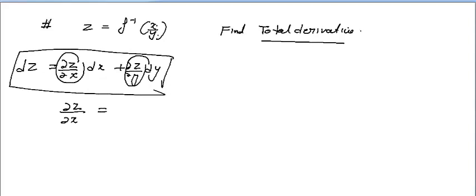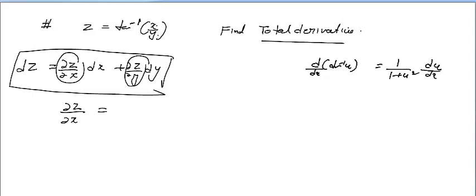So here is the tan inverse. Okay. So the derivative of tan inverse u, you know the formula, it will be 1 upon 1 plus u square and the derivative of u again with respect to x. So 1 upon 1 plus x over y whole square and the derivative of x over y again.